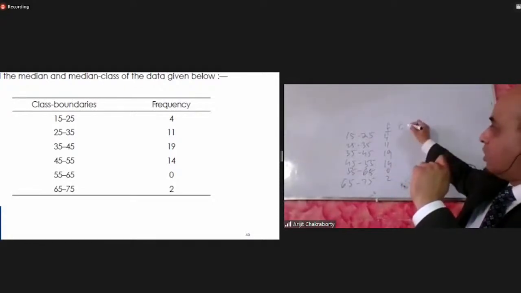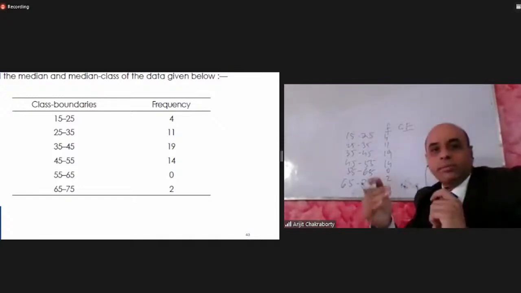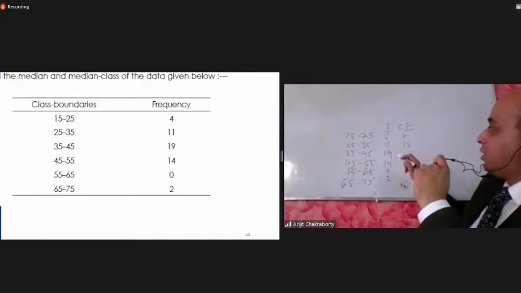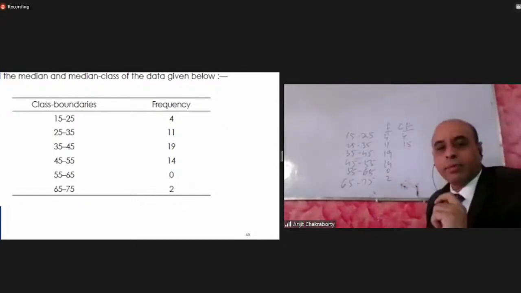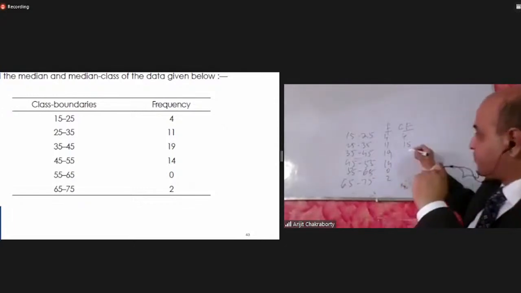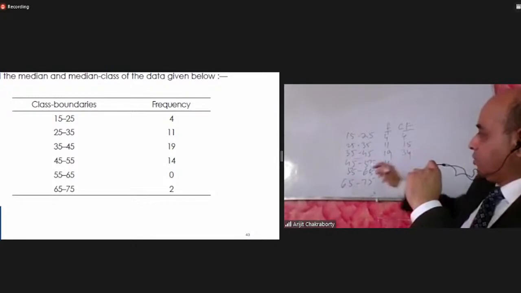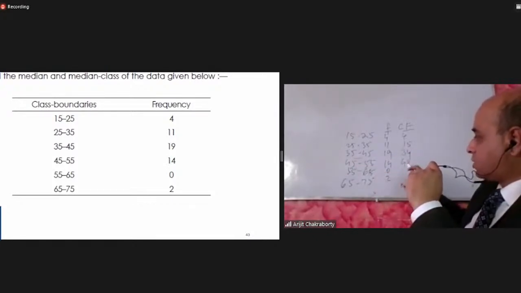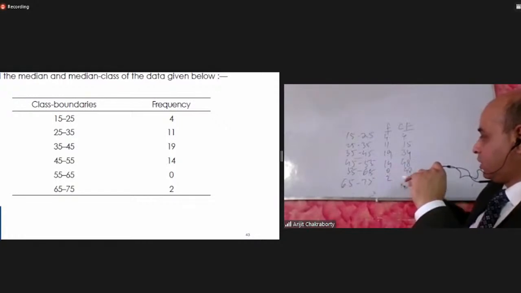Now we will find cumulative frequency. You know cumulative frequency means to add up. First one is 4. For the second class, it will be 4 plus 11, that is 15. For the third class, it will be 15 plus 19, which is 34. For the fourth class, it is 34 plus 14, that is 48. For the fifth class, it is 48 plus 0, it remains 48. And finally, 48 plus 2, 50.